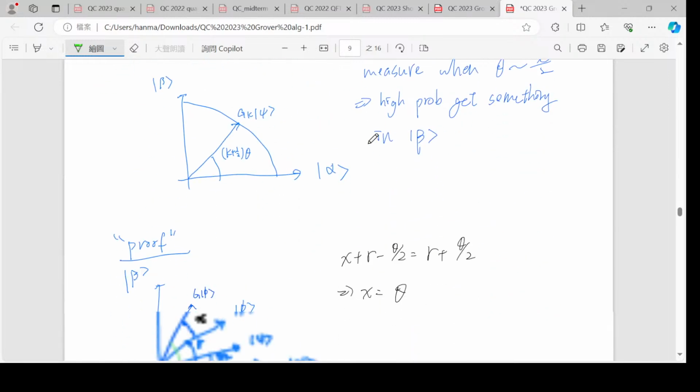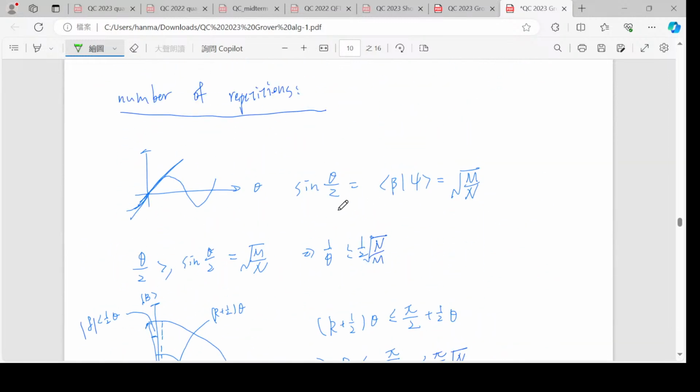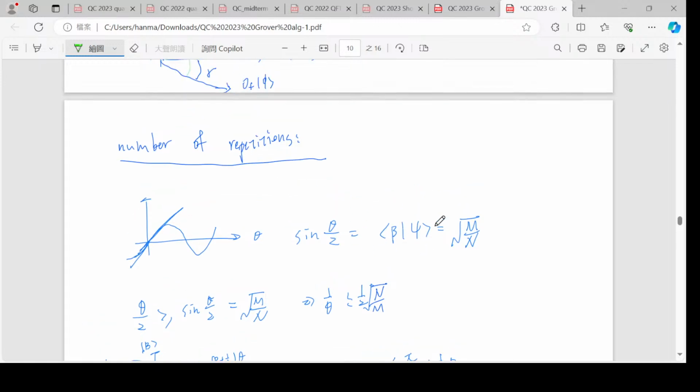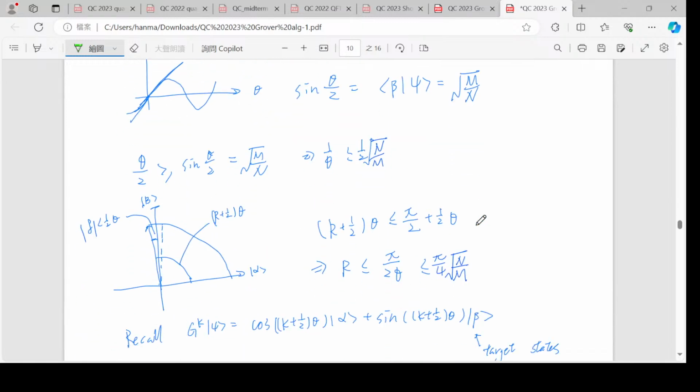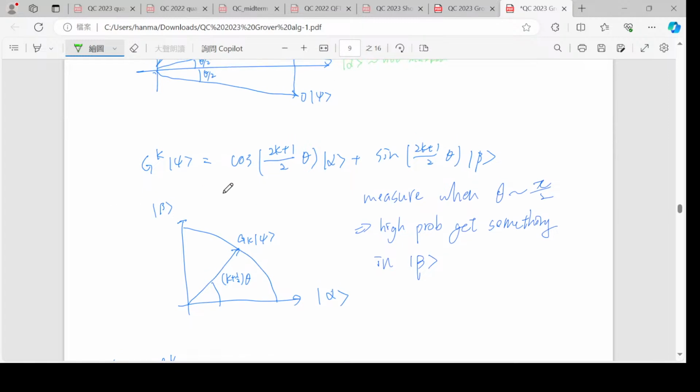This is something we'll use today: theta can be calculated from n and m, where n is the total number of items and m is the total number of marked items. So sin theta over 2 is the inner product between beta and psi, and it's square root of m over n.